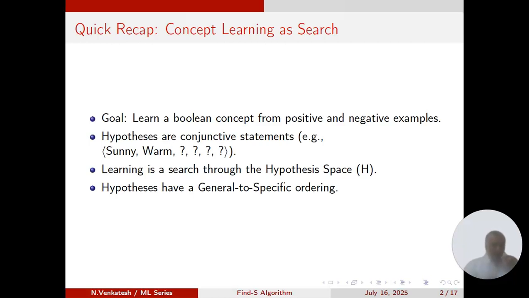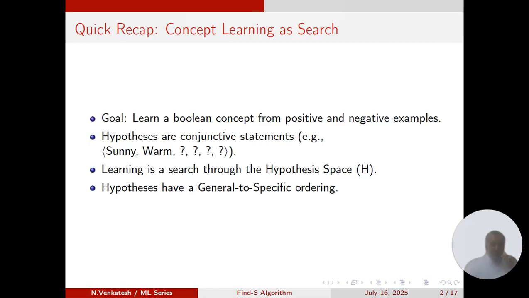When we say that H1 is more general than or equal to H2, if H1 covers all examples that H2 covers and possibly more, then H1 is more general than or equal to H2.